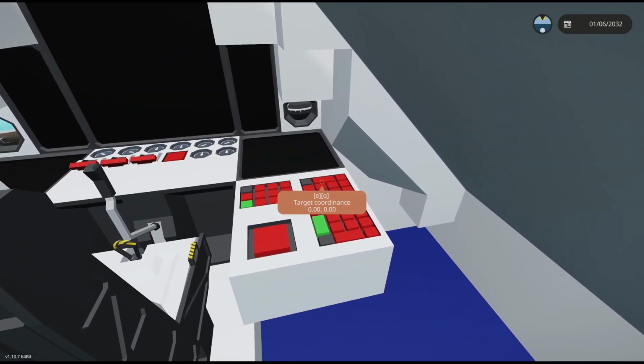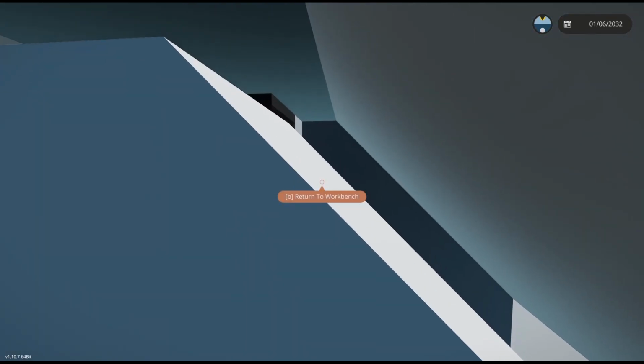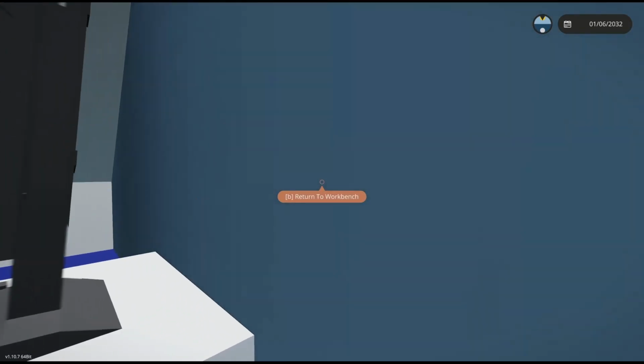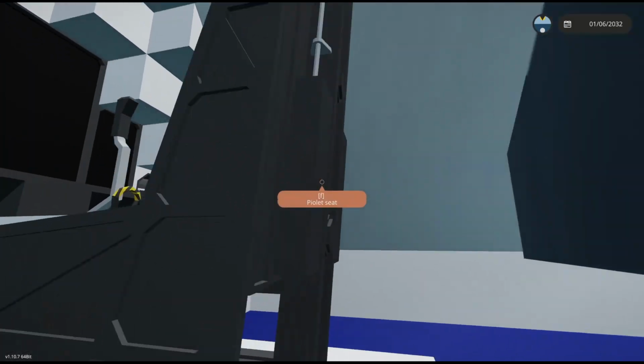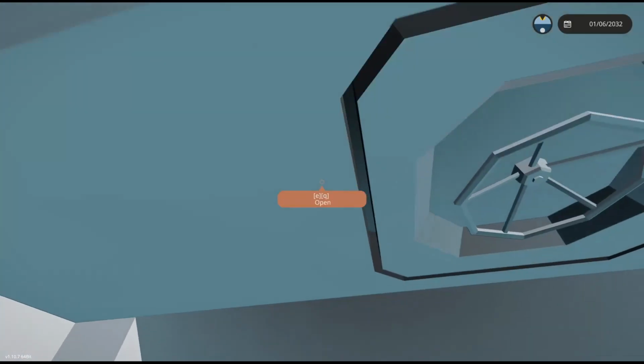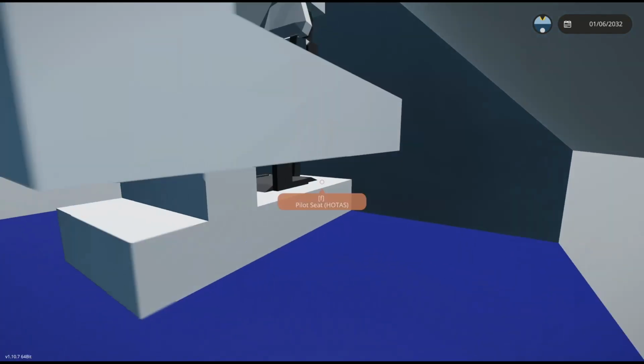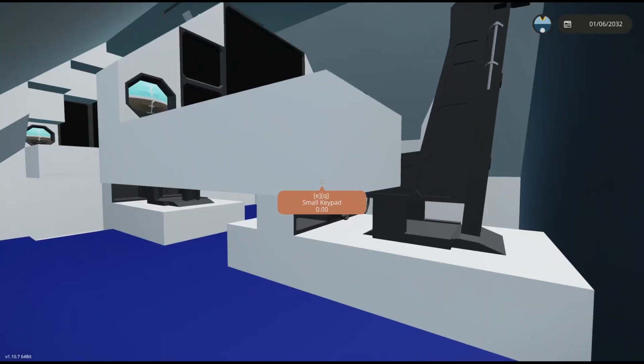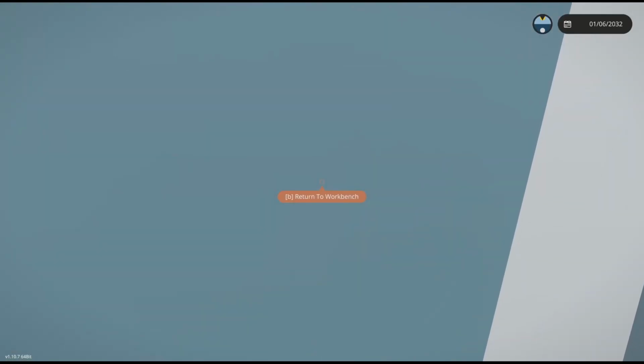I don't think that's really necessary. But what would be necessary is a nice autopilot system which will automatically go to where I need to go, so people can just sit here and chill while the person in the back is doing all their surveillance stuff. So I'm gonna do that.